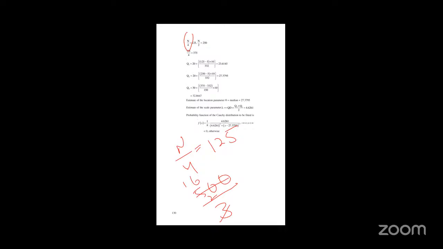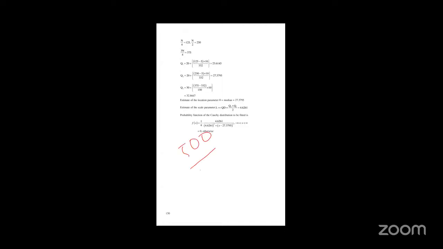It's not coming, so it's 4 only, with n value 500 only. So 500 by 4 is 125.